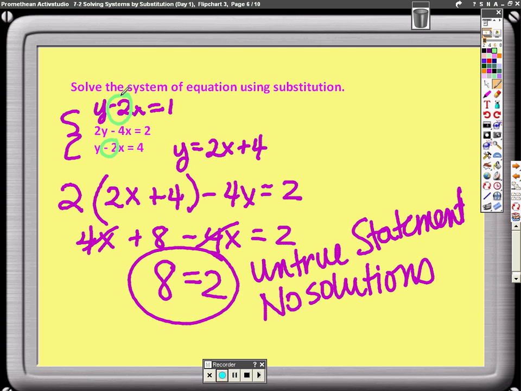It's a slope of negative 2, but the y-intercept is different. And if we remember back to what we learned when we were looking at graphs of systems, if the slope is the same and the y-intercept is different, we have parallel lines. Since we have parallel lines, there can be no solution because the lines do not cross. Okay, so if you notice it at the beginning, that's great. If not, when you get an untrue statement, you know that there are no solutions.